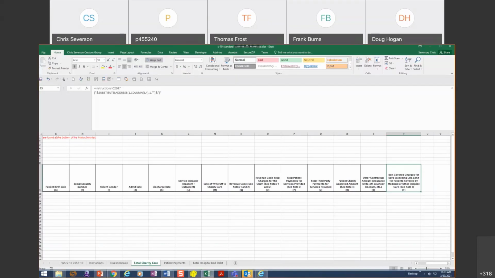And there's a question about, can we make the suggestion that the revenue code detail be included in a separate tab to reduce the number of lines in the respective listings? And yeah, that's actually an option. We've seen that before as well. We've seen that where people have included their main listing here, but then they've also had a separate listing for the revenue code detail.